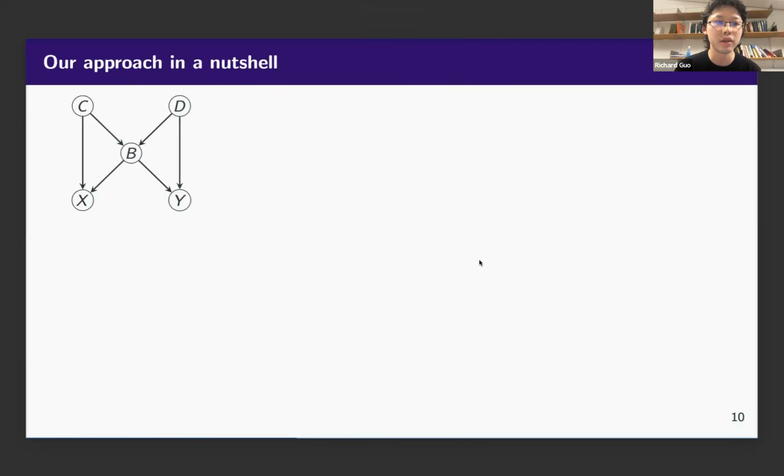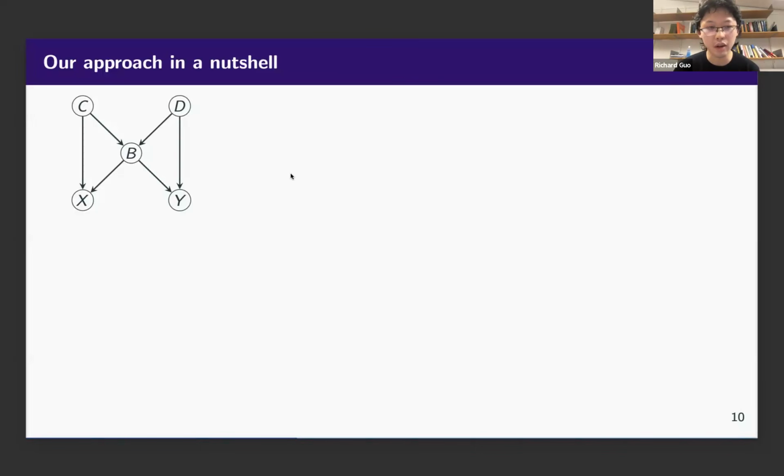For this purpose, I'm going to look at this so-called butterfly bias graph, where X is the treatment, Y is the outcome, and B is a confounder of X and Y. The butterfly is evident from this M-shaped path X, C, B, D, Y. So basically, we need to control B, and once we control B, that opens this M-shaped collider path, and we either have to additionally control C or control D in order to control the confounding between X and Y.